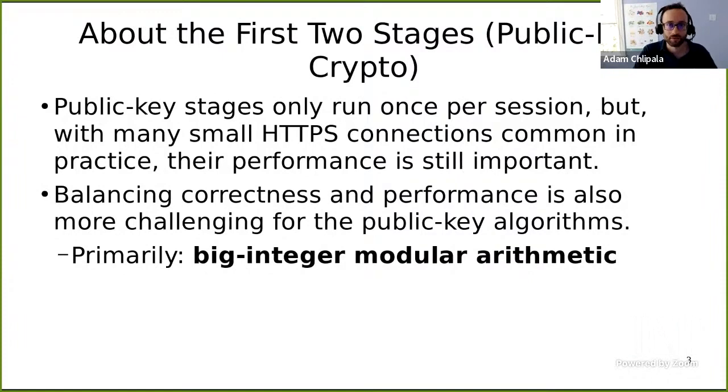And there's a lot of arithmetic going on there, specifically big integer modular arithmetic, which sounds almost like grade school level easy stuff, but it turns out to be rather challenging to implement fast and secure big integer arithmetic. And that is going to be the whole subject of my talk.